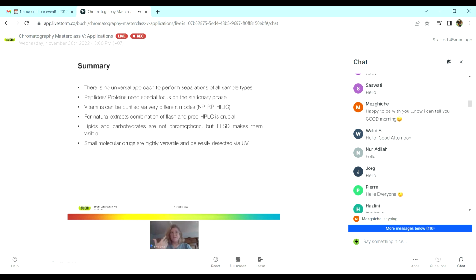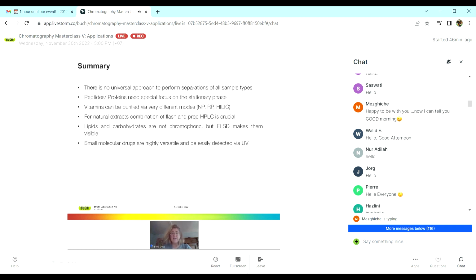I gave you some tips today on different compound families. Maybe you remember for peptides and proteins, you need to have a special focus on the stationary phase, polarity and pore size. Vitamins can be purified via very different modes. We learned about normal phase, reverse phase, and HILIC. HILIC is really a great option, not only for vitamins. As soon as you have something highly polar, you can try HILIC.